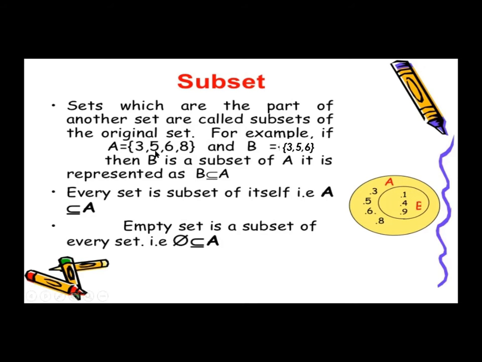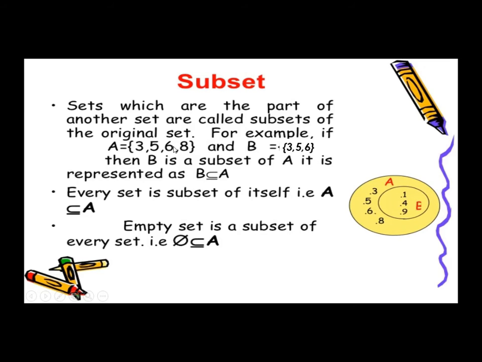Example, if A equals 3, 5, 6, 8 and B equals 3, 5, 6, if you observe this clearly, you notice that set A has the element 3 like set B, and set A has 5 and set B also has 5.